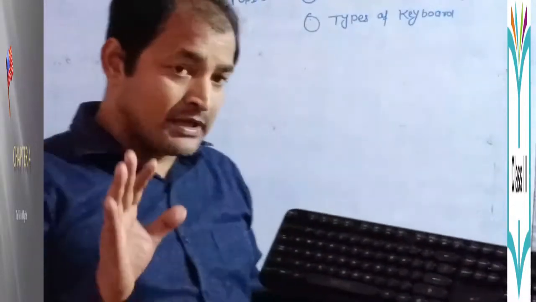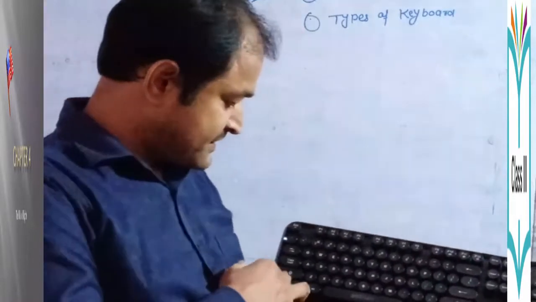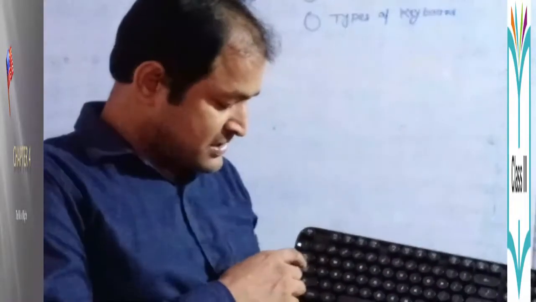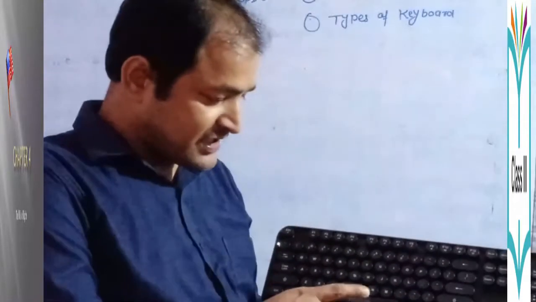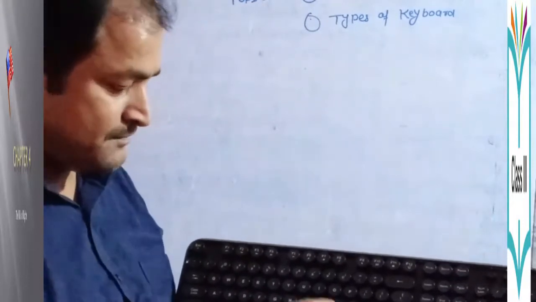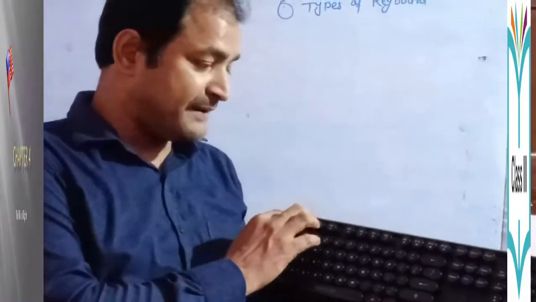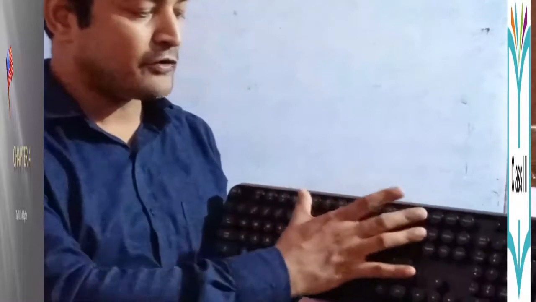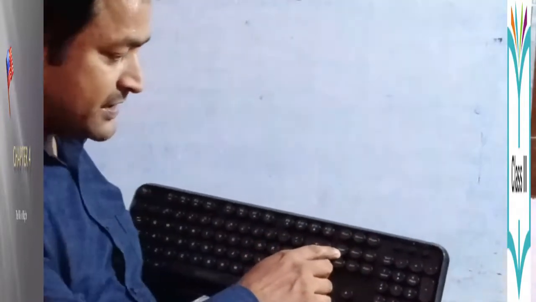And the last type is the special keys. Special keys are control, caps lock, tab, alt, and the space bar. These are the function keys: this is the escape key, and F1 to F12. These are all function keys, the special function keys.